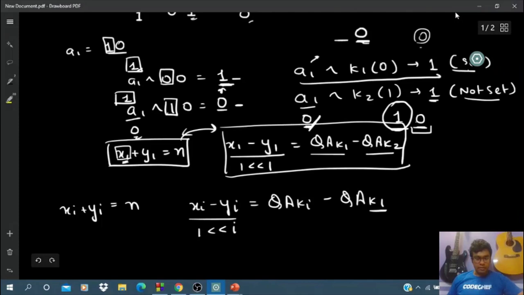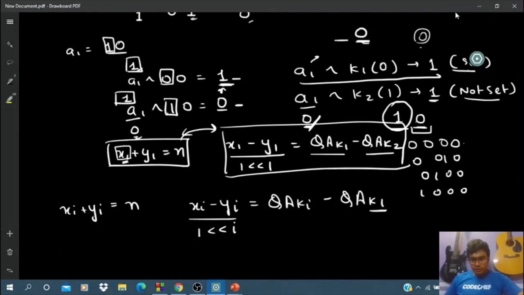So this is not i minus 1, this is k1, because the first query that we send was 0, the second query was 1 0, the third query that we will send is 1 0 0, the fourth query will be 1 0 0 0, and we'll always subtract with 0, so that all of the bits will be the same.